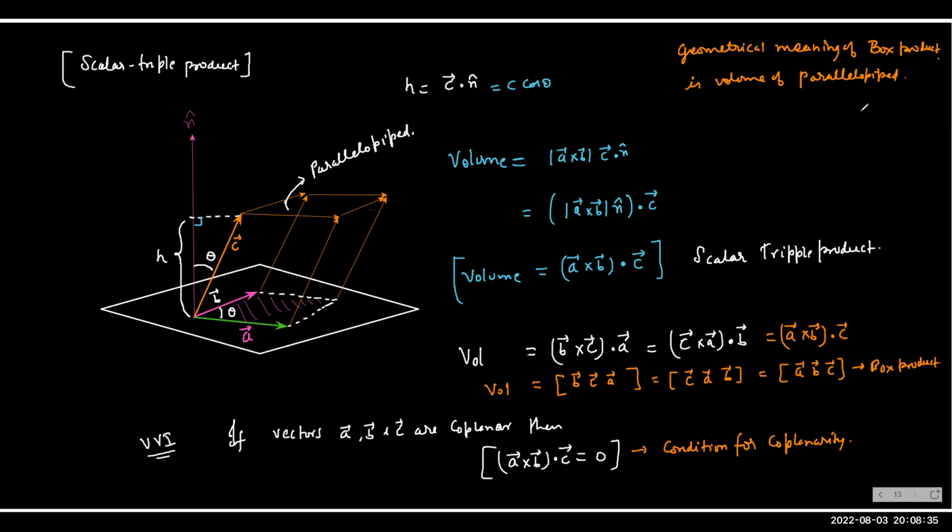And remember, if the C vector is parallel to n cap, it becomes a cuboid. Correct? It becomes a cuboid. That's the whole idea. And if we have a tetrahedron, then in that case, the answer will become 1/6 of that.